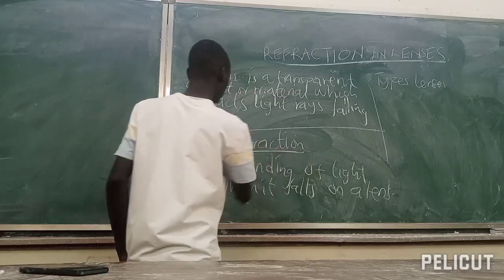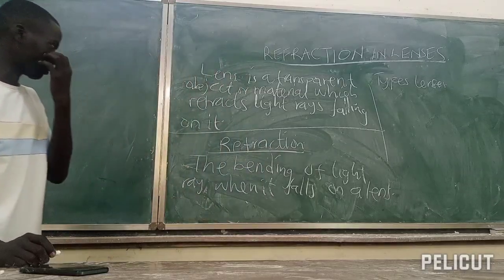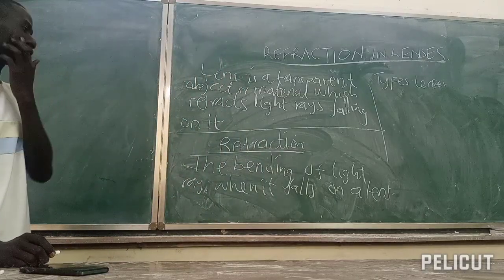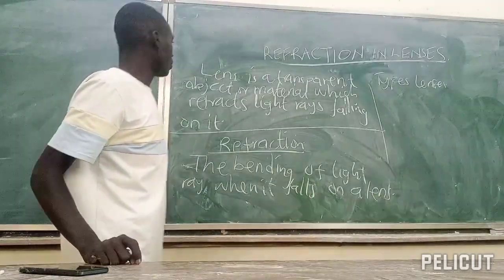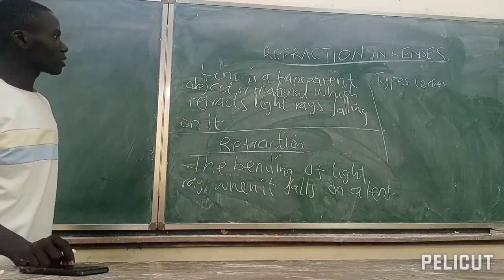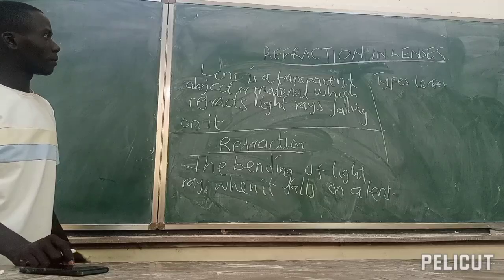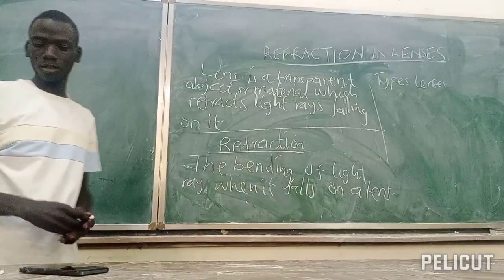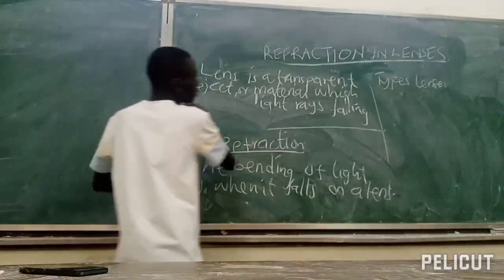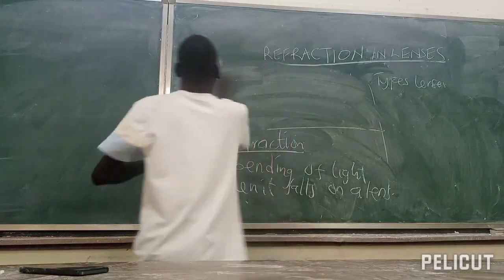So now we are going to the process of refraction. But before we go there, we need to look at which type of lens the light ray is falling on. So we're going to look first at the types of lenses, then we see whether this lens converges or diverges the light ray.